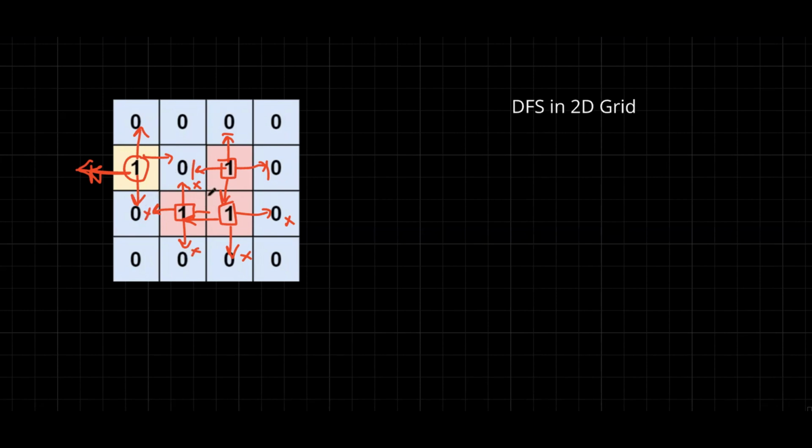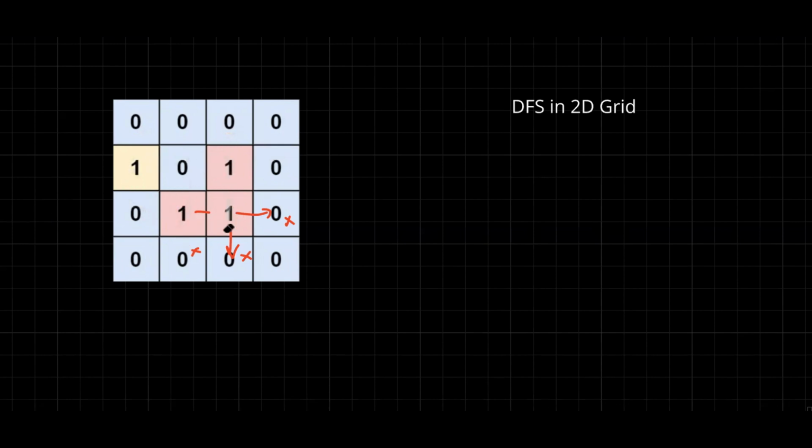So we can say that in total there are 3 nodes, which is this one, and this one. In these 3 ones, we cannot go outside of the grid by using any number of moves. So I hope you understood the problem statement clearly. Now the question is, how can we solve this problem?